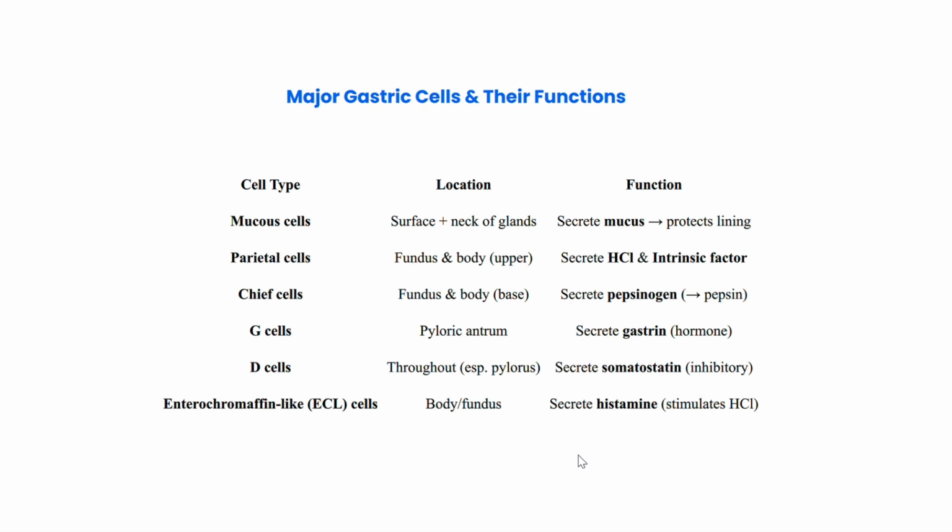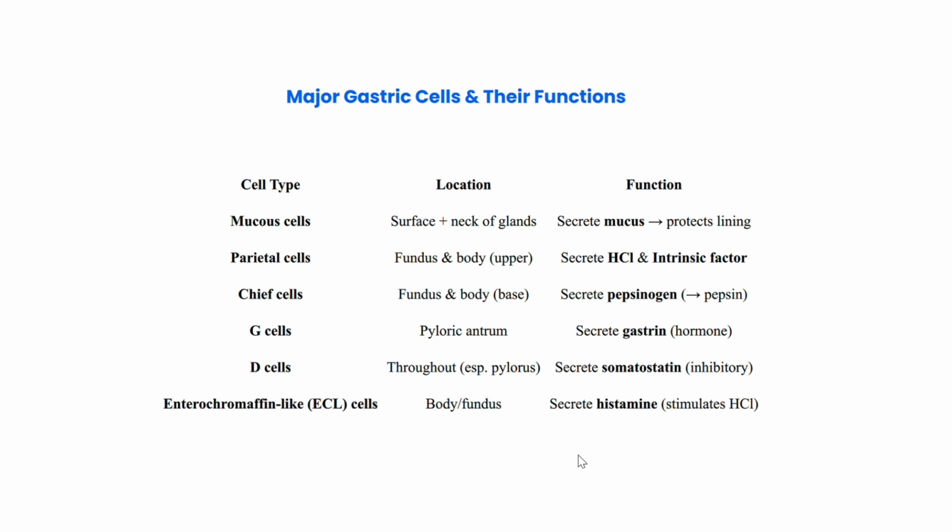G cells, found mainly in the pyloric antrum, release the hormone gastrin. Gastrin stimulates acid secretion and enhances gastric motility. Now D cells, which are scattered but more concentrated in the pylorus part, secrete somatostatin, which acts as a brake.